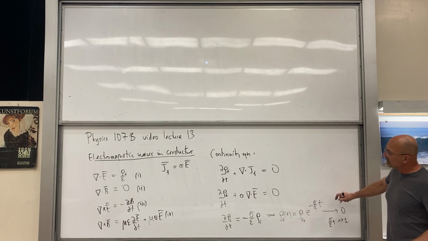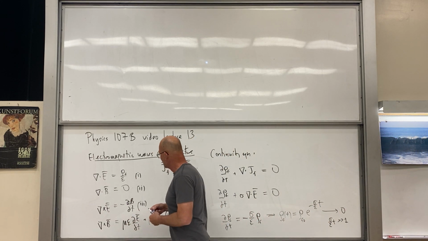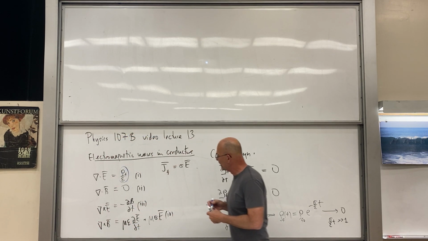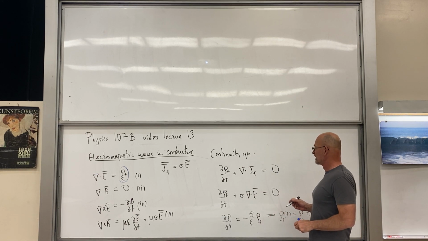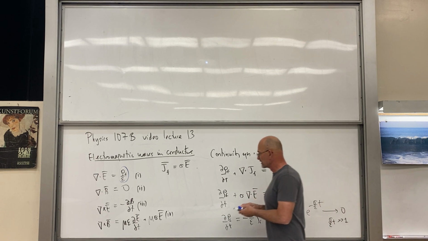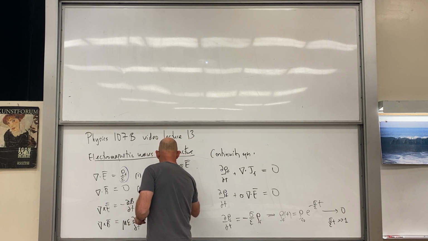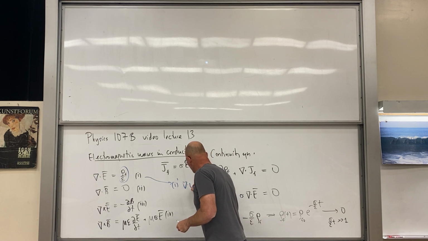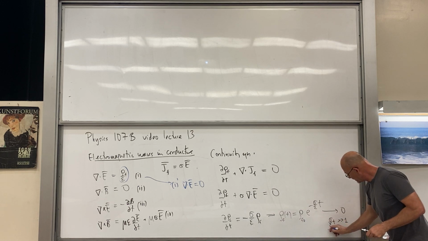So what we're going to do is substitute a 0 right here in our Maxwell's equations. I'm not going to write them down again. Here, I'll just say we have divergence of E equals 0 under these conditions.